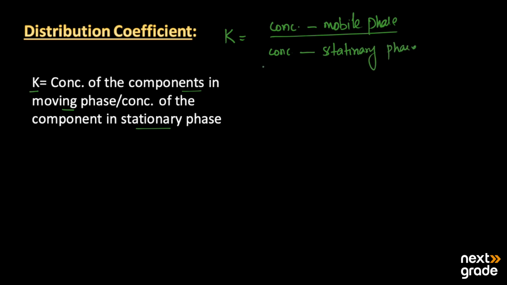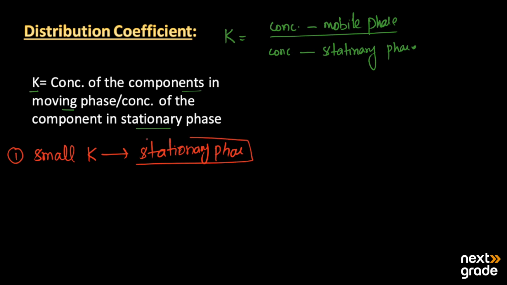When the components distribute themselves in the two phases, how can we check the value of K? When a component of the mixture has a small value of K, the component remains in the stationary phase as the moving phase flows over it.